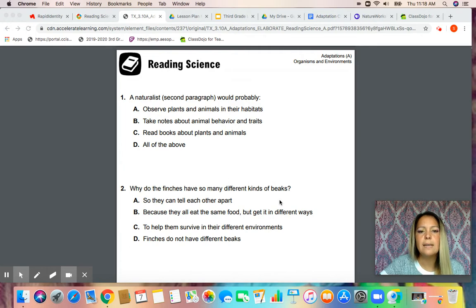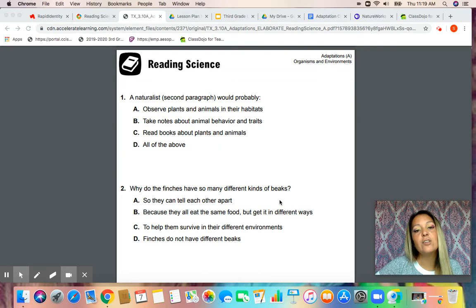Someone who studies nature. So if you're studying nature and you like to study all about nature, you are going to observe plants and animals in their habitat. You are also going to read books about plants and animals because you like to study about animals and plants.